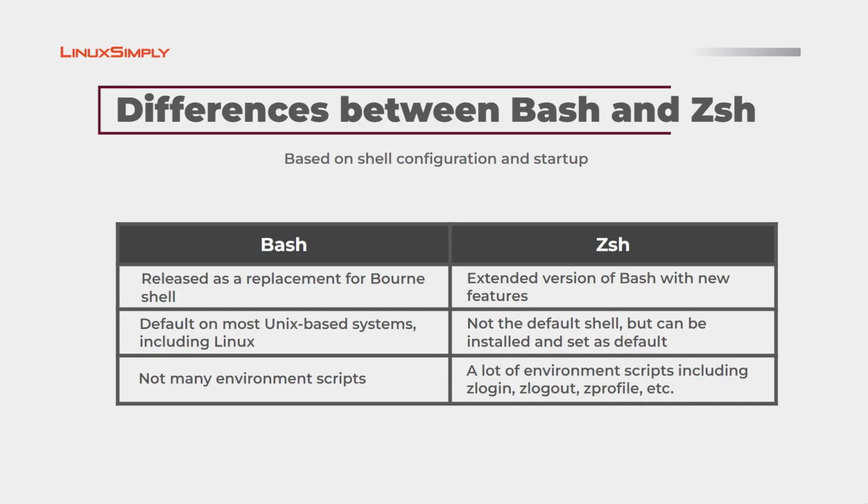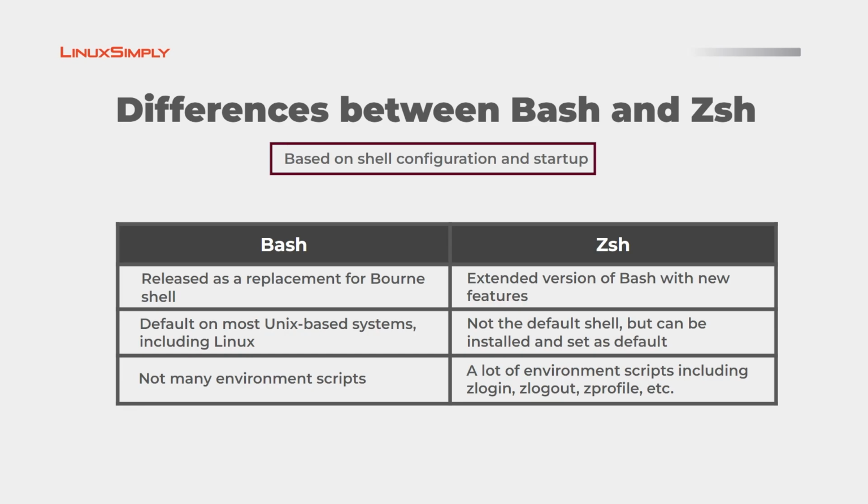The differences between Bash and ZSH can be argued upon different evaluation metrics. First, I will be differentiating them based on shell configuration and startup files. For your information, Bash was released as a replacement for the Bourne shell, whereas ZSH is developed as an extended version of Bash having new features.